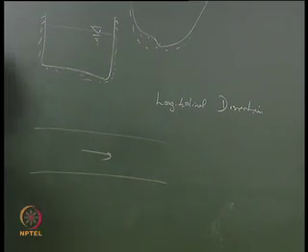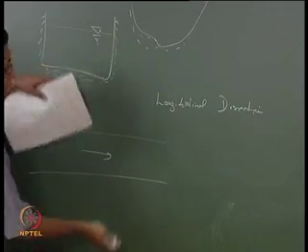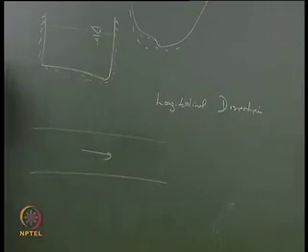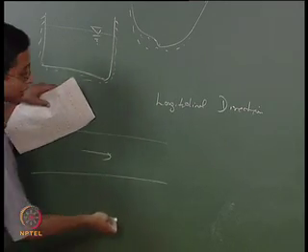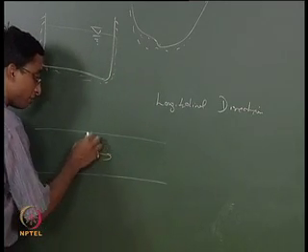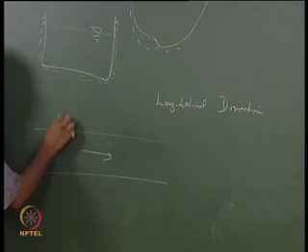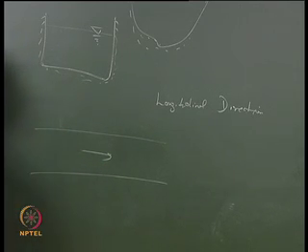Compared to this longitudinal distance, the width and all is much less. And not only that, the variations of any fluid parameter in the transverse directions can almost be neglected.